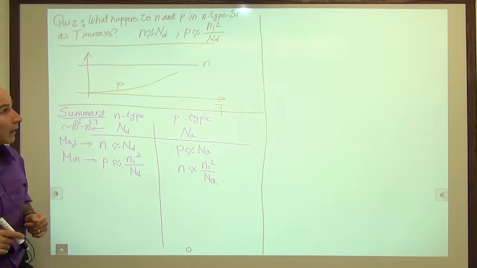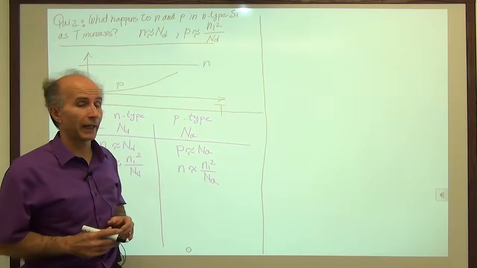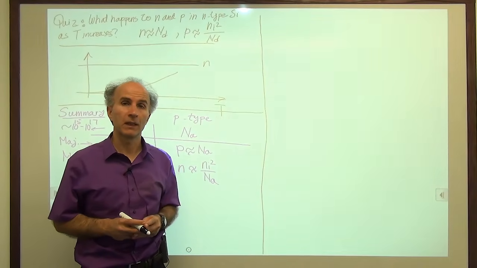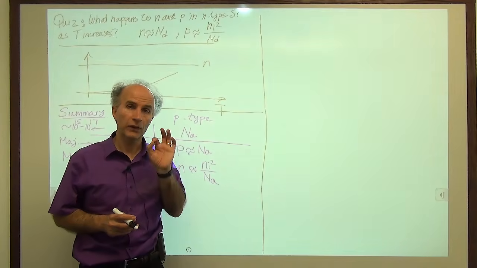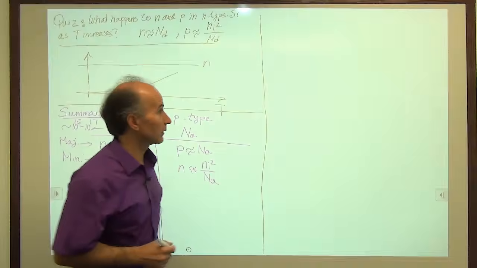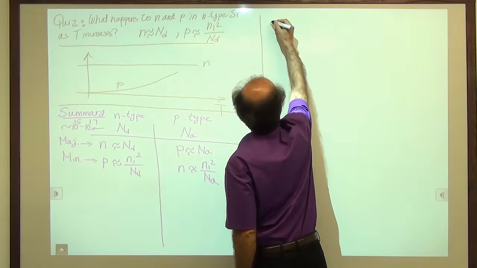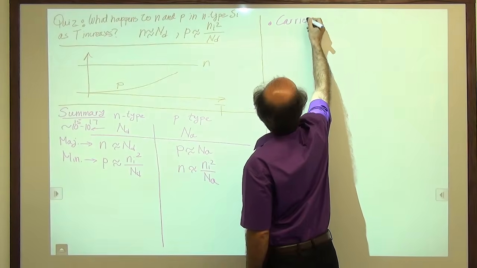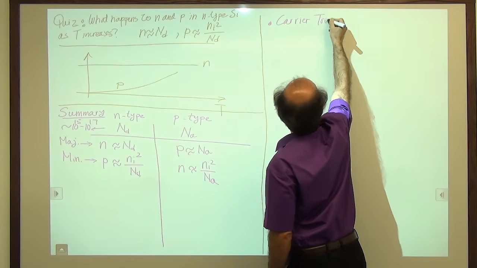Okay, we are now ready to go and address the fourth question I raised in the first lecture, namely, how do charge carriers move in silicon? So we identify two mechanisms. So this is what we call carrier transport.